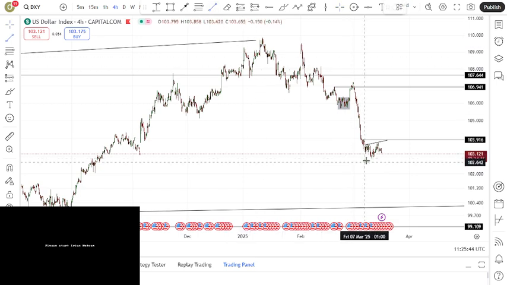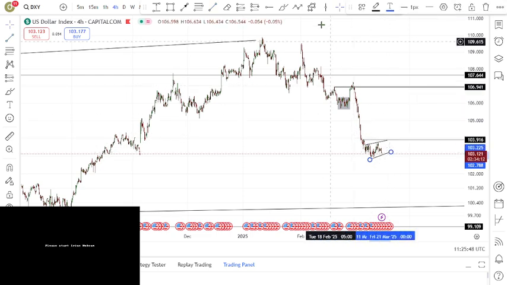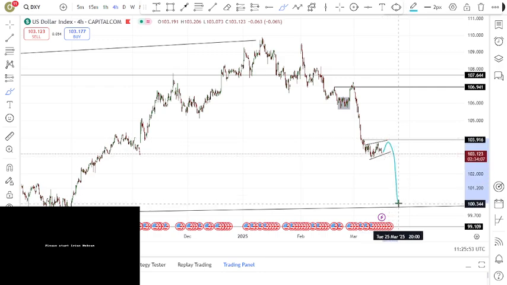You can form a form of correction, and then if price taps back into this, you continue the move.